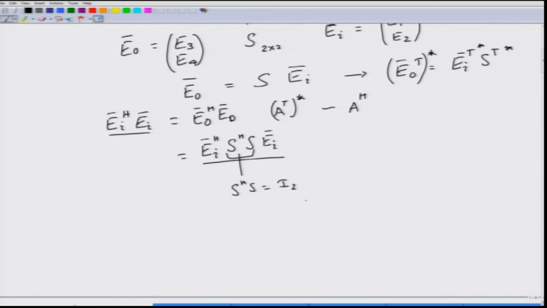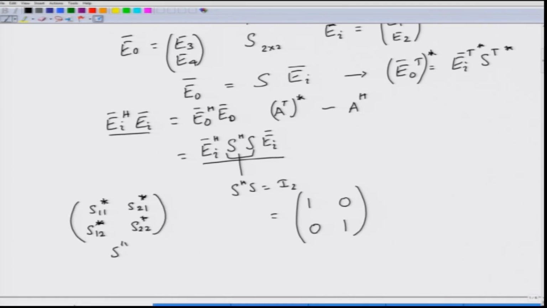What is a 2 cross 2 identity matrix? 1, 0, 0 and 1, correct. So, this must be equal to the transpose term. You can show that this turns out to be S11 complex conjugate, S21 complex conjugate, S12 complex conjugate and S22 complex conjugate. This is the S Hermitian part.